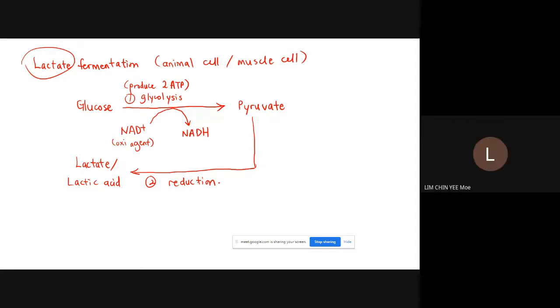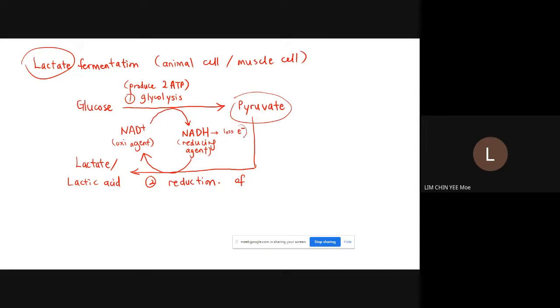Pyruvate, very good. So reduction of pyruvate, we use what as the reducing agent? NADH. Very good. So NADH akan jadi NAD+. Again, you can see that NADH jadi NAD+, maksudnya dia pun hilang elektron.